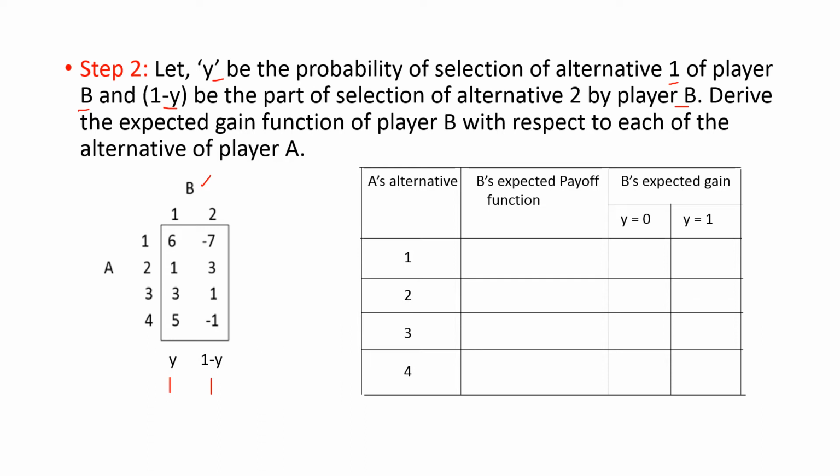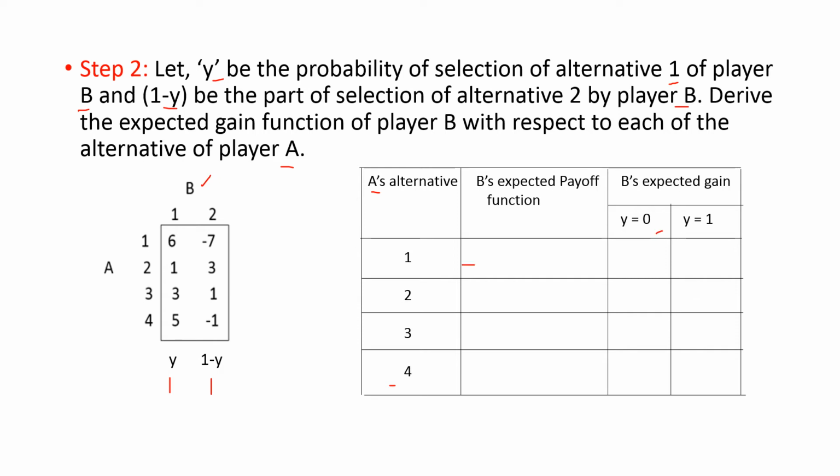Now derive the expected gain function of player B with respect to each alternative of player A: A's alternatives 1, 2, 3 and 4. B's expected payoff function we have to find.